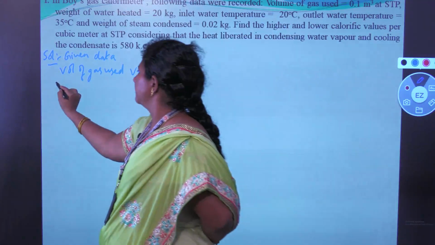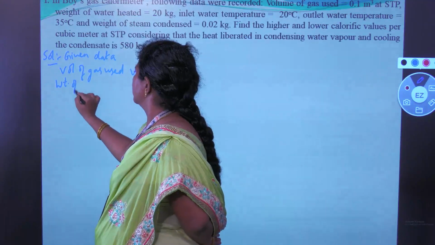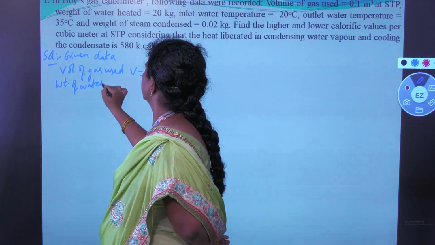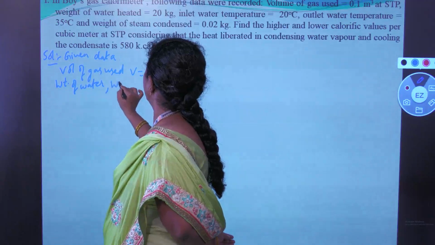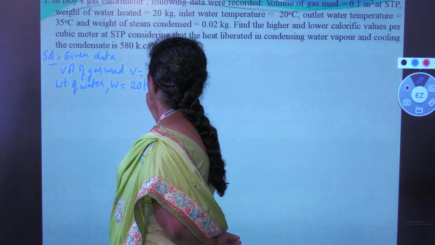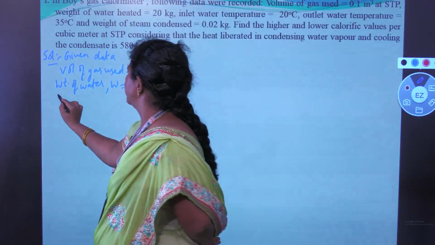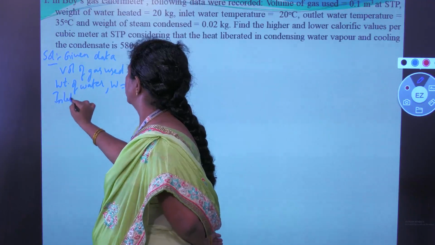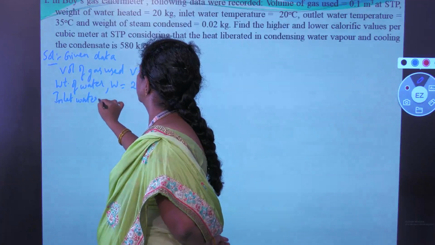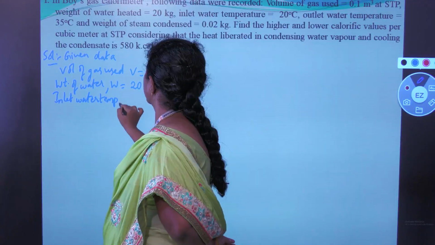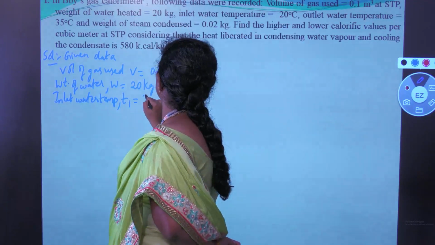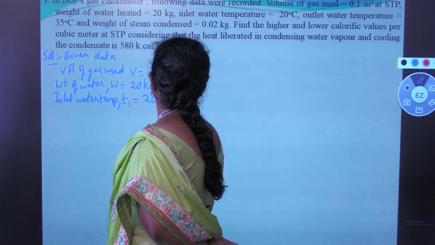Weight of water W is equal to 20 kgs. Inlet water temperature T1 is equal to 20 degrees centigrade.